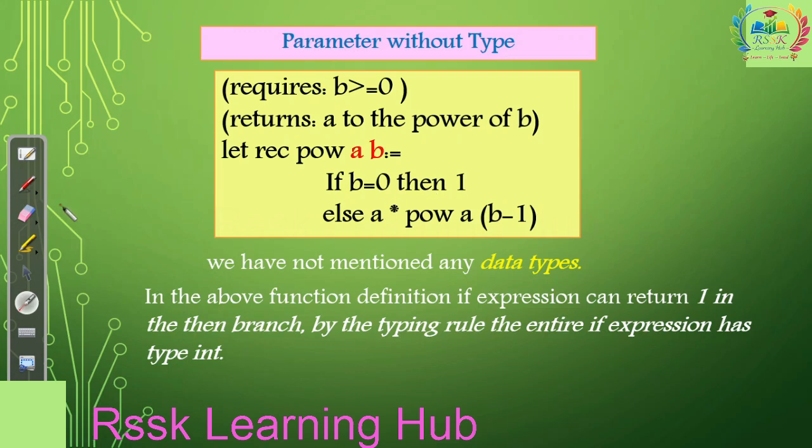If a is given as 3 and b you are assigning as 2, that means 3 to the power of 2. So it will do the mathematical operation of 3 times 3, and the answer will be 9.